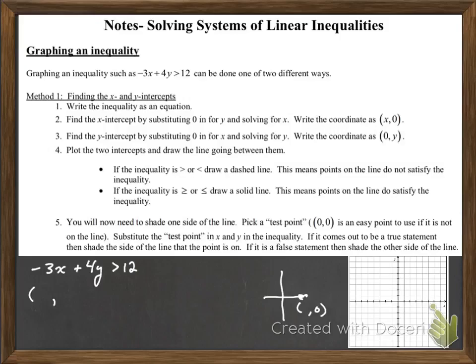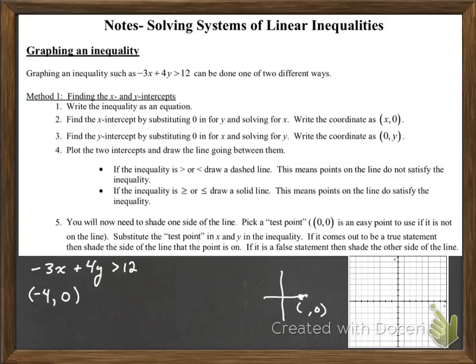Well, if the y value is 0, we can substitute this 0 in for y, and then 4 times 0 takes this term out because this term will be 0. Now you're left with negative 3x and it's greater than 12, which means your x value is going to be negative 4.